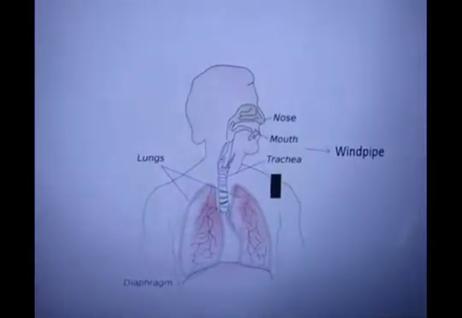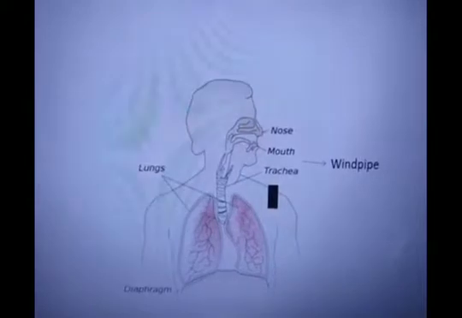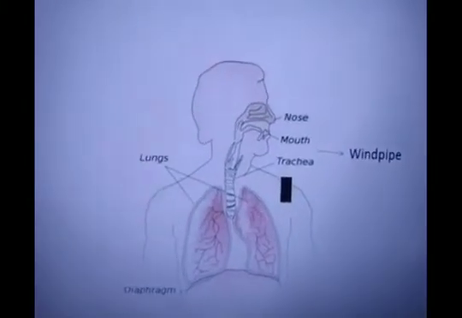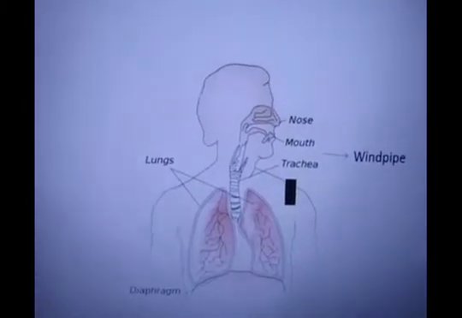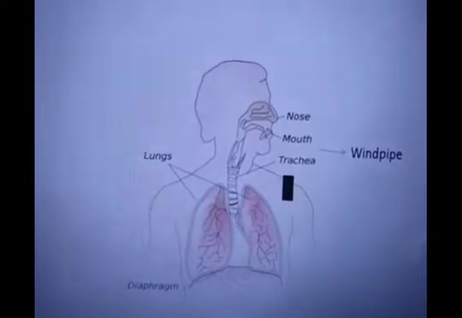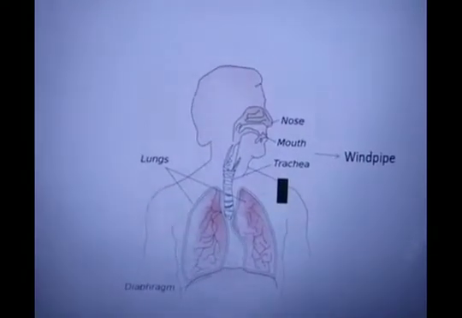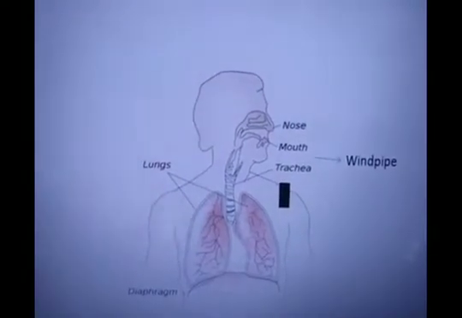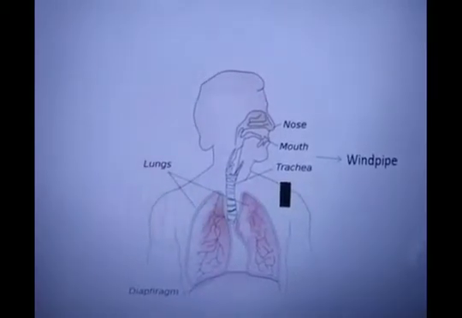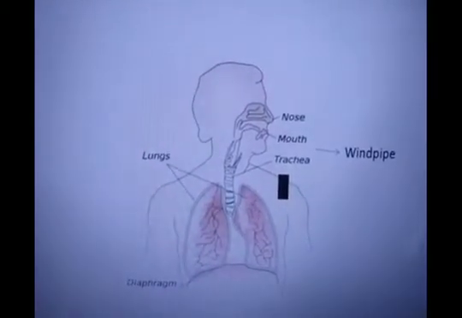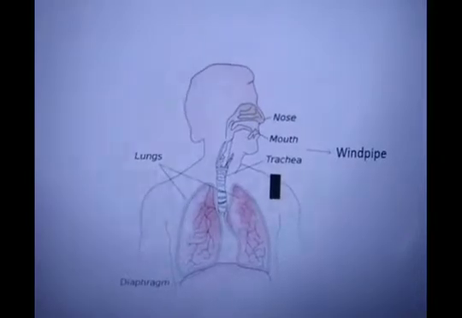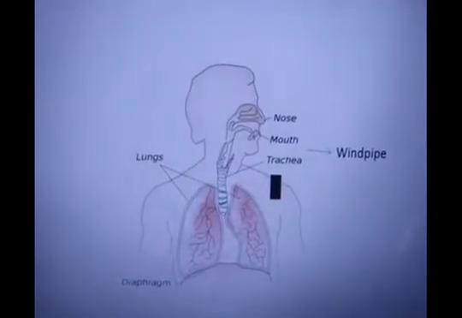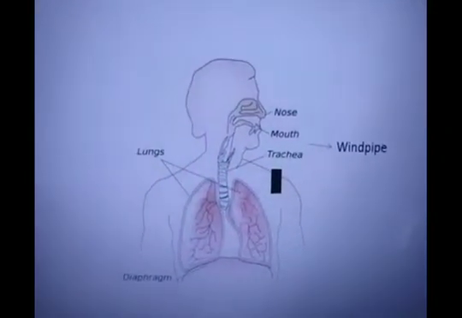See, here are the various parts of the respiratory system: nose, mouth, trachea, that is also called windpipe, lungs and diaphragm. These are the different parts of our respiratory system.